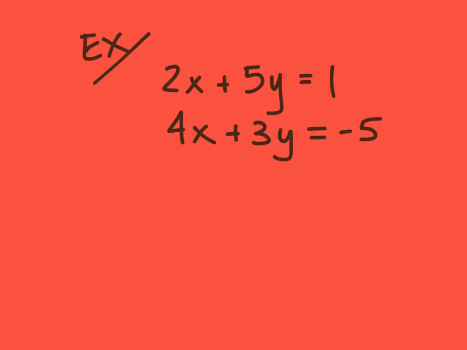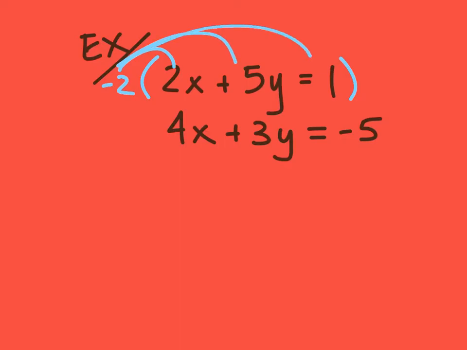To do that, I have to choose which variable I want to get rid of. In this example, I want to eliminate my x because 2 can be multiplied by 2 to get 4. And remember that they have to be opposite, so I'm going to multiply every term by a -2.